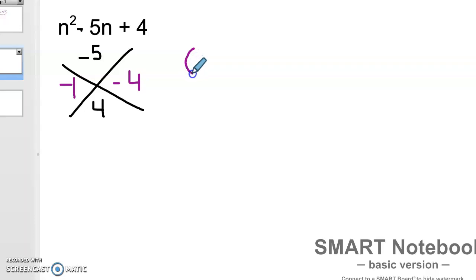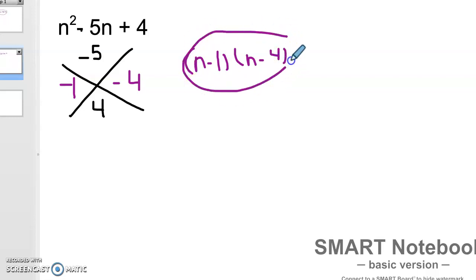And we are just going to take now those two numbers and have n minus 1 times n minus 4 as our two binomials that when multiplied together will give us this expression here. It does become more difficult when there's negatives, so just do what you know. I see a positive multiplication sentence. I'm either multiplying two positive numbers or two negative numbers together, and we know if they're positive or negative based off this plus or minus sign here.